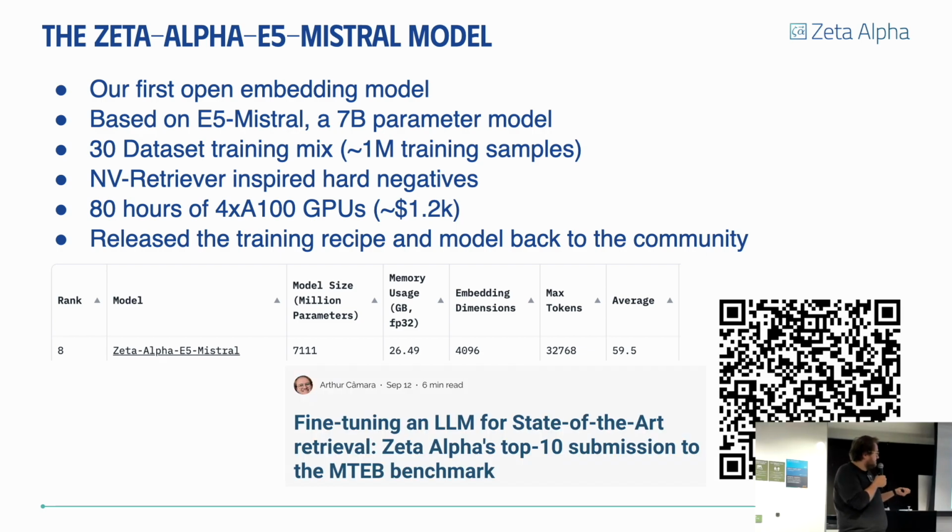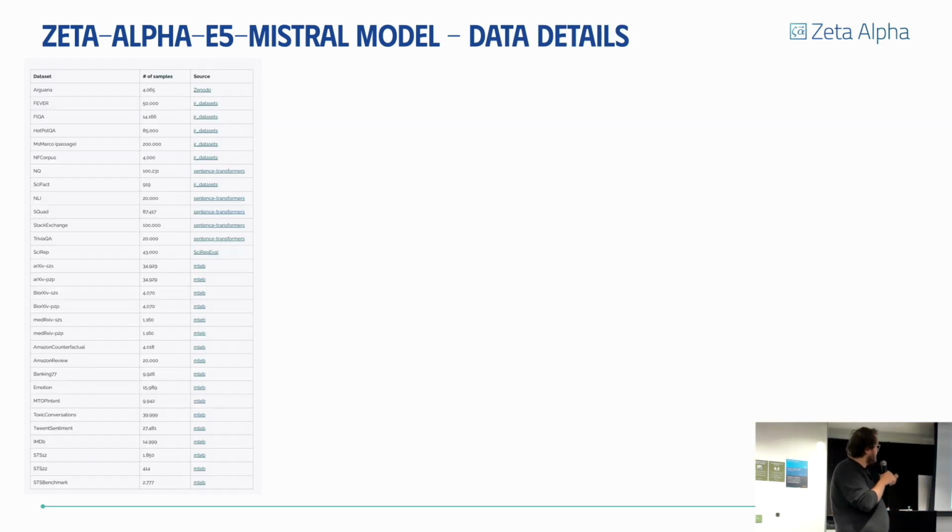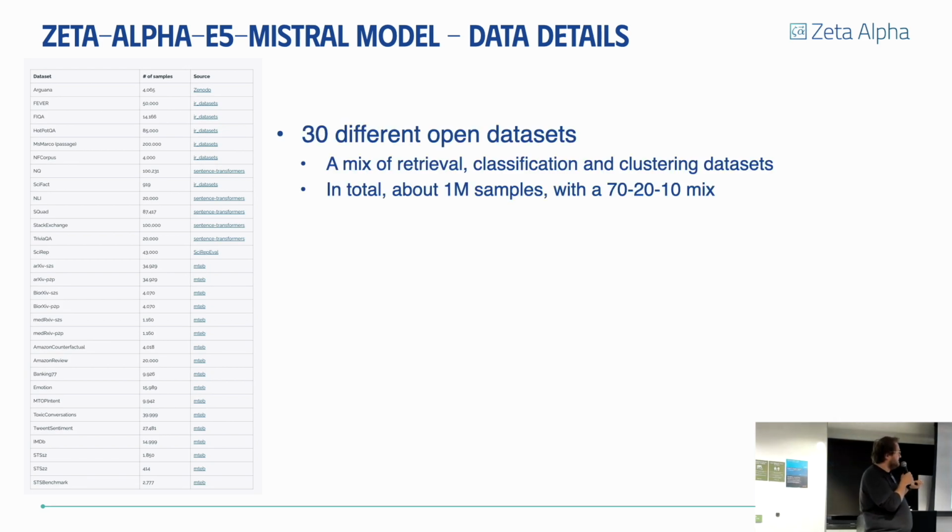We have blog posts about it, with all the details of the training recipe, the data we used, how to use it, et cetera. A little bit about the data that we used to train. As I mentioned, there are 30 different open datasets, so all the data that we use is public, nothing is private, everything is openly available.